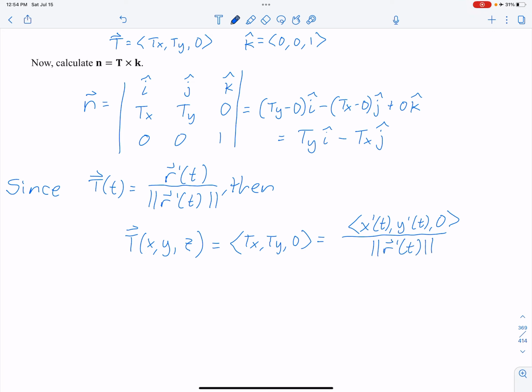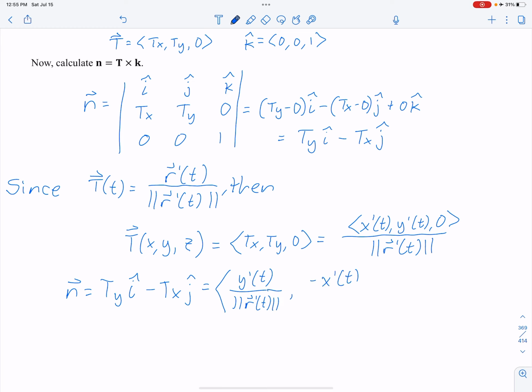We're getting there. Now we're going to go back to what we came up with earlier. n is equal to ty i minus tx j. We're going to rewrite this as ty is y prime of t over the magnitude of r prime of t, and negative x prime of t over the magnitude of r prime of t.